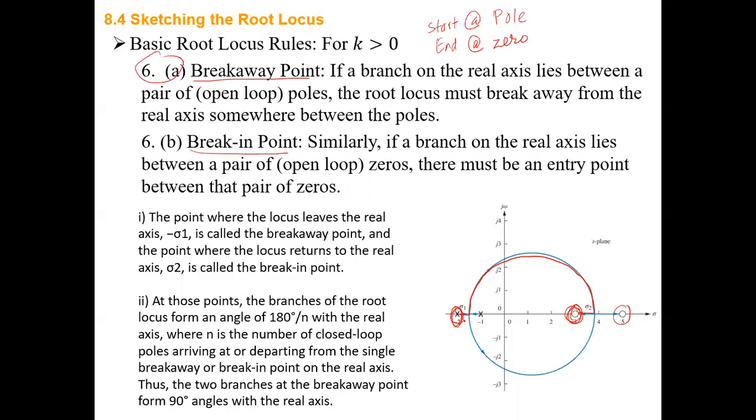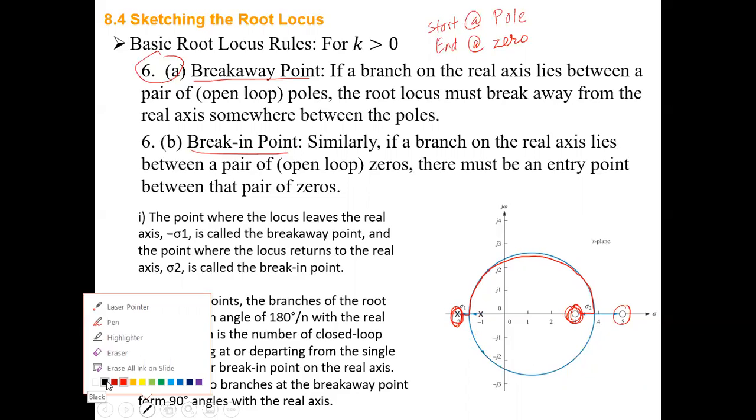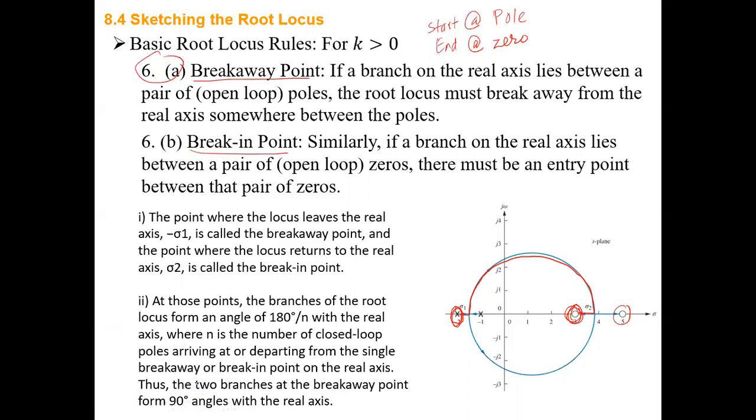How does the other guy go? It starts from this pole and this guy goes this way, and goes this way here. So this pole goes to that zero and this pole goes to this zero.